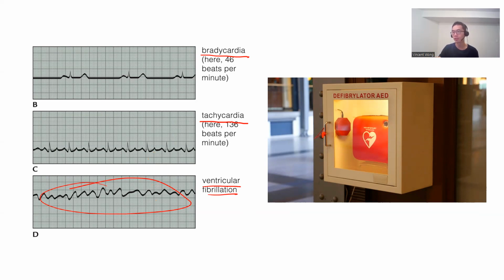The defibrillator, like on TV, you probably have seen it. They go "clear," and then they shock the person. So that electrical shock is hopefully, in the best case scenario, going to reset the SA node. When you apply an external current to the SA node, sometimes it's able to reset it.